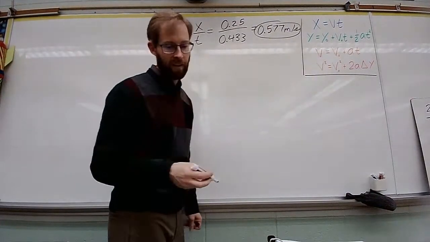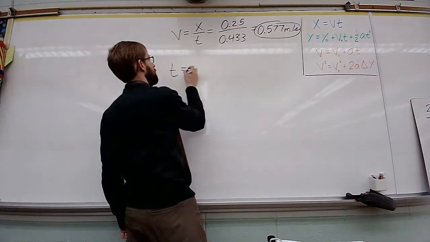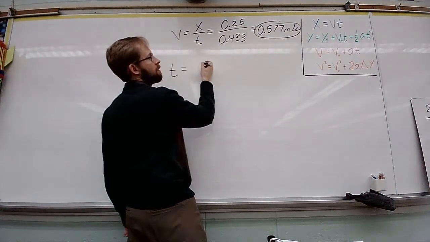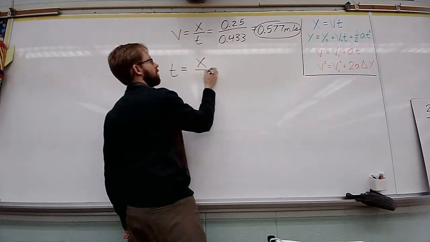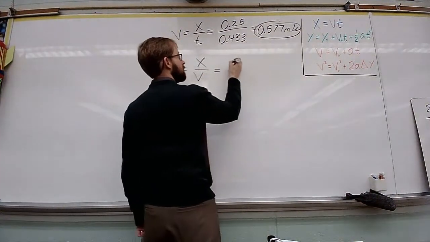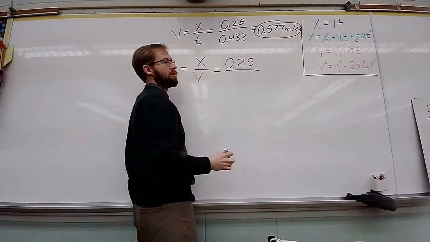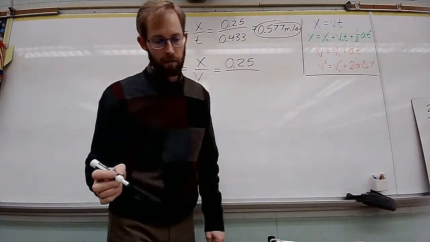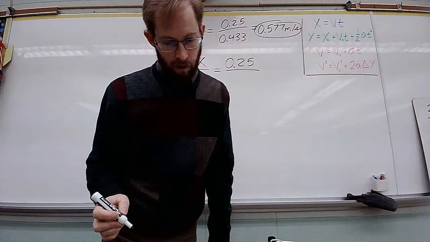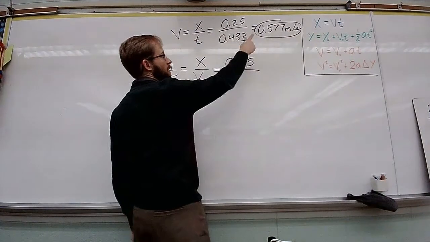Now, if we're solving for time, that means it's going to be equal to distance over velocity. And it gives us the distance, that's 25 centimeters, in other words, 0.25 meters. And the velocity, let's see here, we found in letter A. That velocity was 0.577.